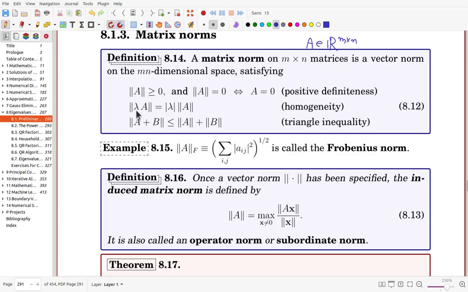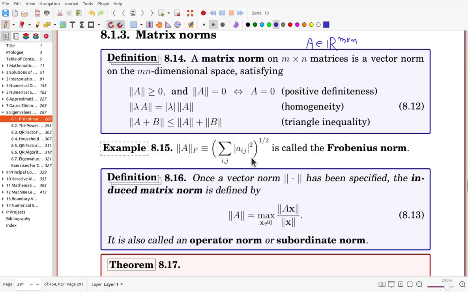And scaling, where the scalar comes out with absolute value, and also the triangle inequality, so these similar three properties must be satisfied to be a matrix norm.